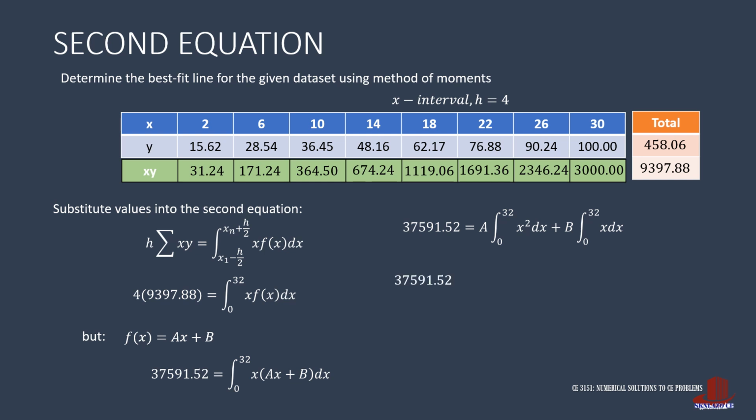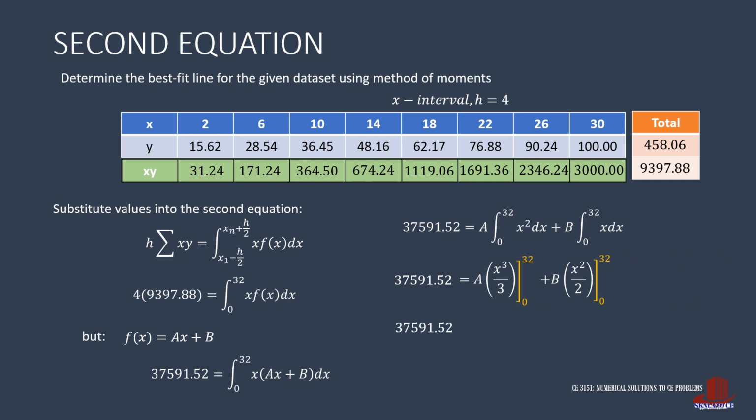Take out the integrand and have 37,591.52 as equal to a with the cube of x upon 3 plus b times half of x squared. Both these terms are solved with the limits of 0 to 32.